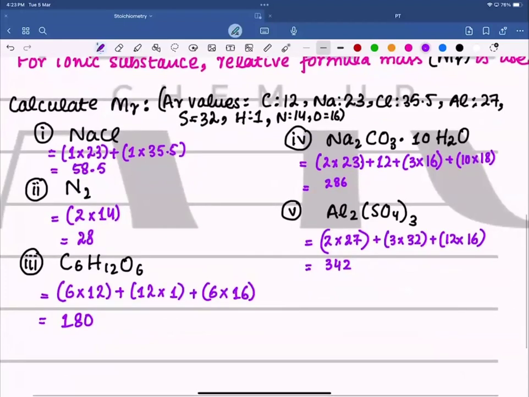Yes, sir. Now after this, copy this down quickly. Now I'm going to give you the formulas and you have to calculate the relative molecular mass or the relative formula mass of those.